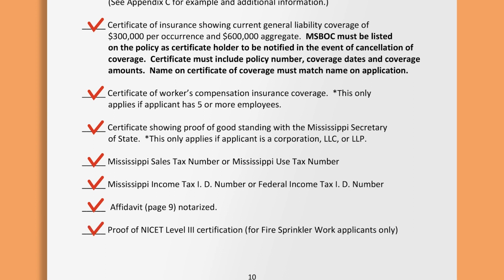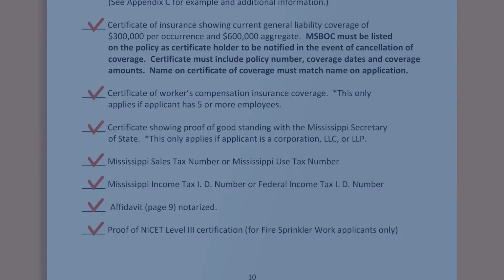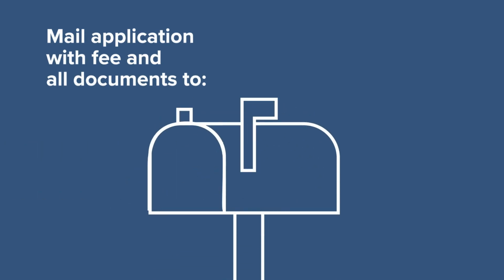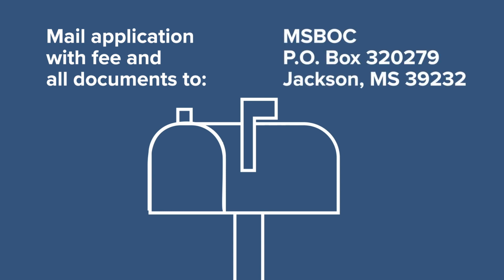Finally, commercial applicants applying for the fire sprinkler classification must include proof of having NICET Level 3 certification for the qualifying party. Mail your application along with the required application fee and all documents to Msboc at P.O. Box 320279, Jackson, Mississippi 39232.